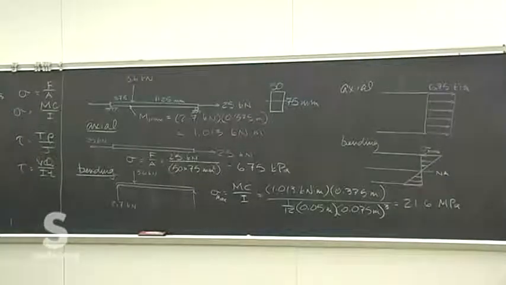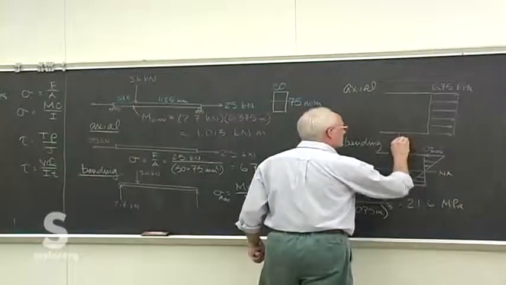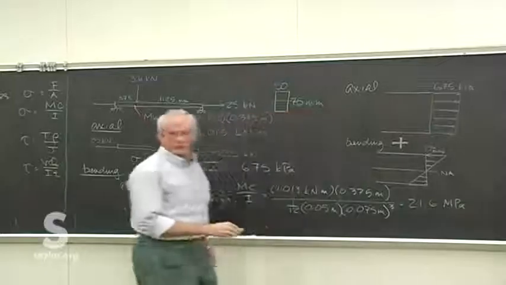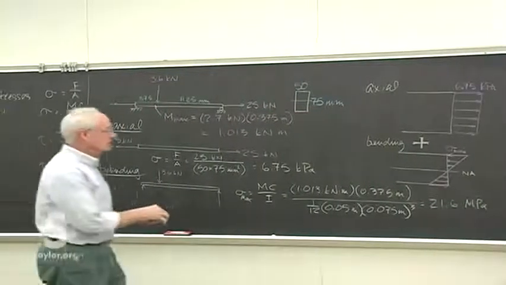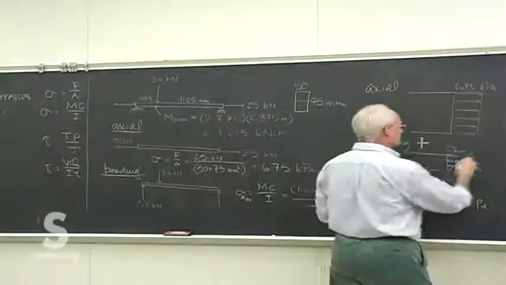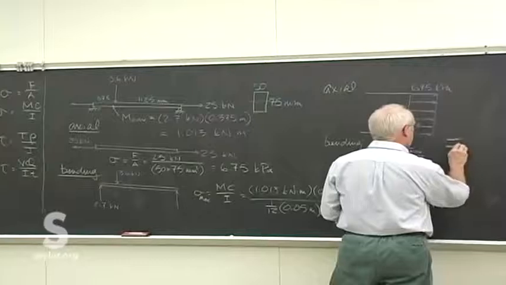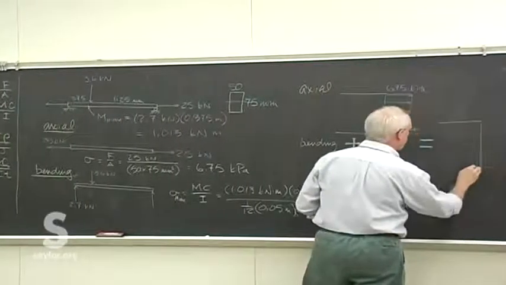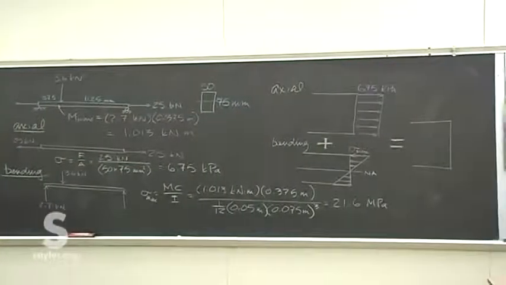Now those two effects are happening at the same time on this beam, so we need to add those together to get the real effect of the stress on the beam due to the combined loading. So that's going to look something like this.